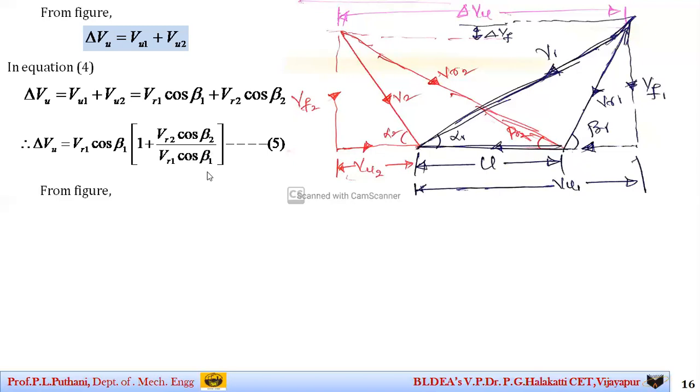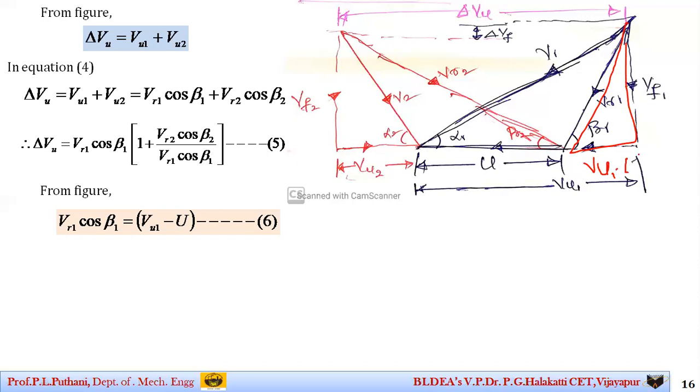Or from the figure, already we have derived this in our equation number 2, that VR1 cos beta 1 is nothing but VU1 minus U. Using this inlet velocity triangle, we know cos beta 1 is equal to VU1 minus U divided by VR1, so I am substituting the value of VR1 cos beta 1 as VU1 minus U. This value I will substitute only here, not inside the bracket.